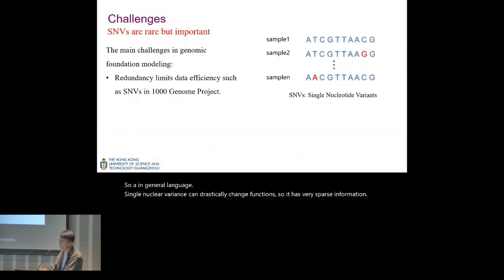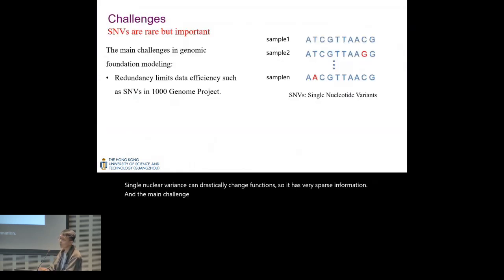The main challenge when we apply LLMs to functional genomics is redundancy. It limits data efficiency, such as with SNPs in the 1,000 Genomes Project. Think about we have n samples, and given a specific region, most sequences are almost the same, with only some mutations.